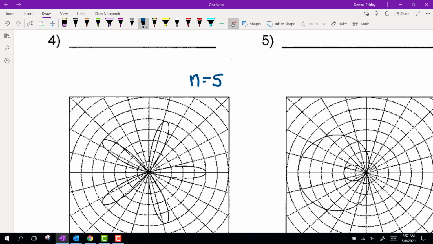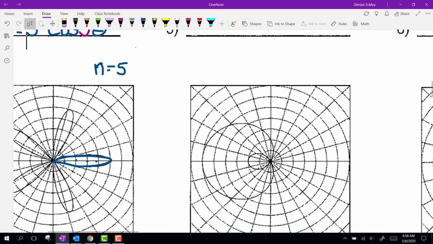So we can see this has a petal here along the x-axis. So we know we're going to have cosine theta here, well, actually 5 theta, because we have 5 petals. And then we need the length of the petal, and we just count 1, 2, 3, 4, 5 units. So r is going to equal 5 cosine 5 theta.